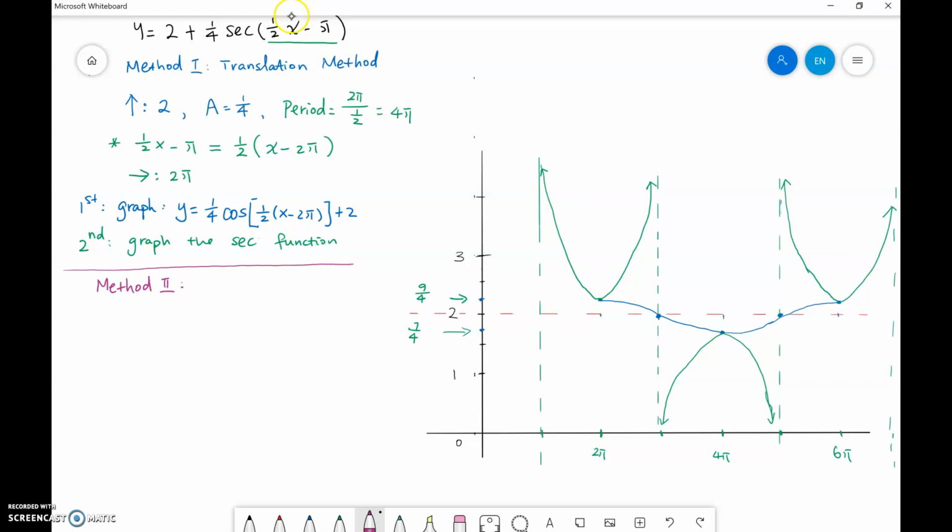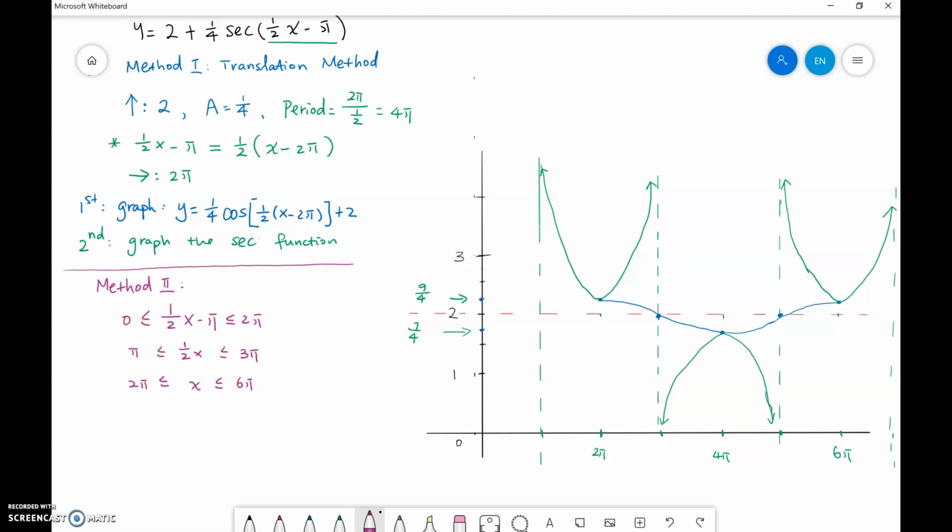So in this case it's 1/2 x minus pi. Normally the period starts from 0 and goes to 2 pi. So that is how we set our inequality. Now we're just going to solve this, adding pi on both sides, multiplying by 2 on both sides. So that tells us our period is from 2 pi to 6 pi.